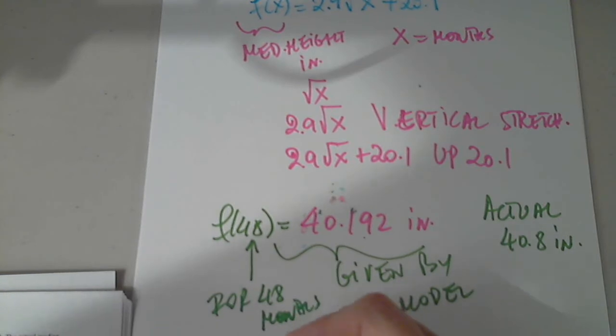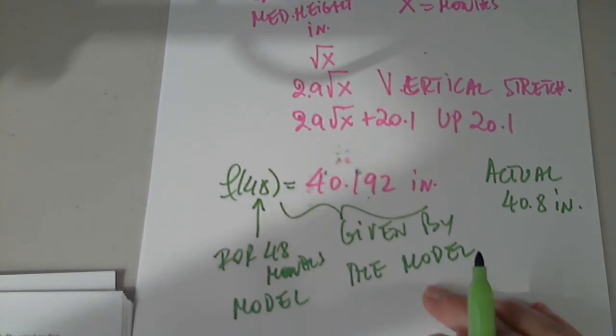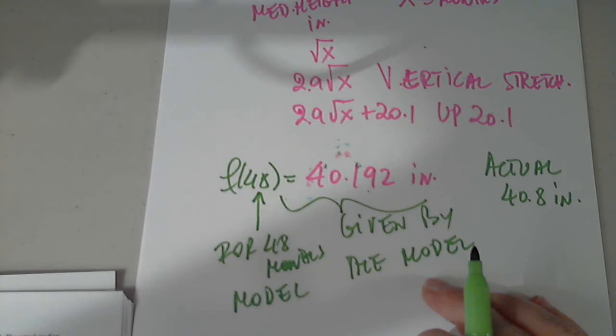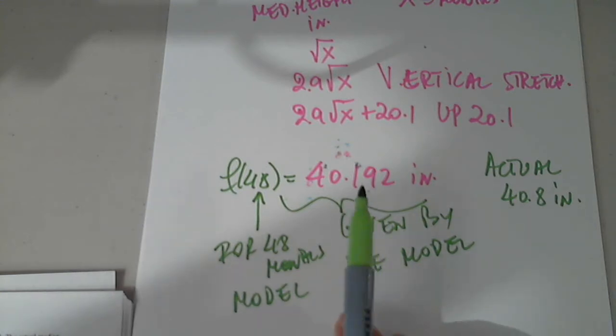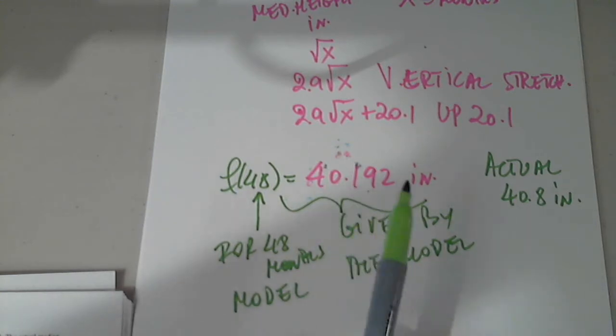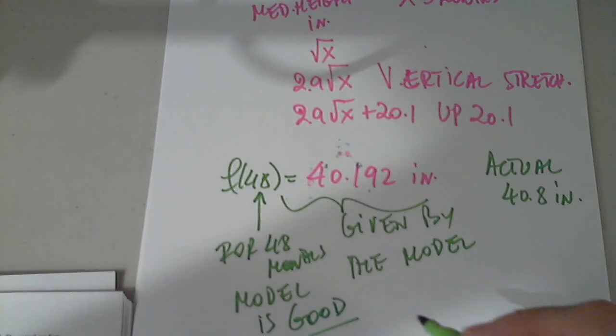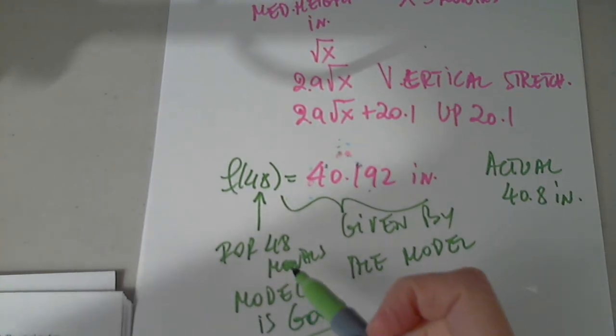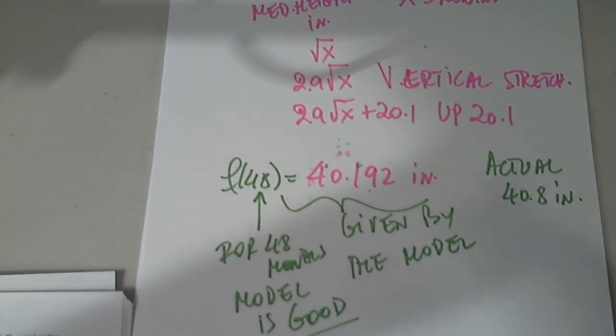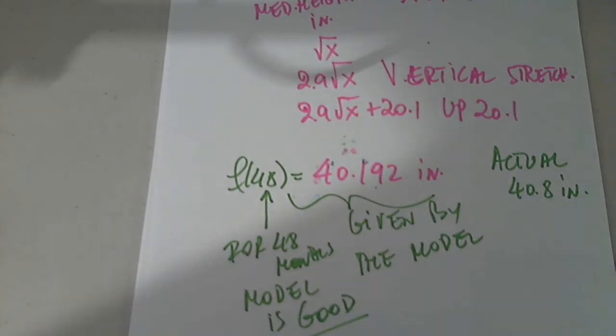Model is or is not good? 40.2 and 40.8. It works or not? It's good, very good. Yes, the model is good for 48. If you ask me for 21, I don't know. I haven't checked. But for 48, it's good.